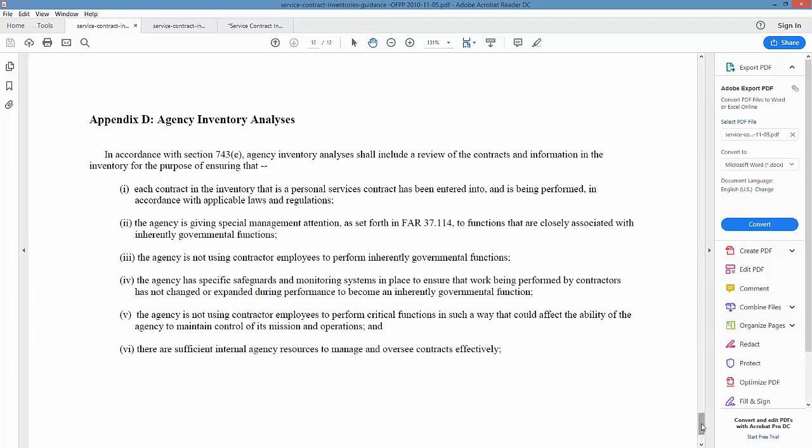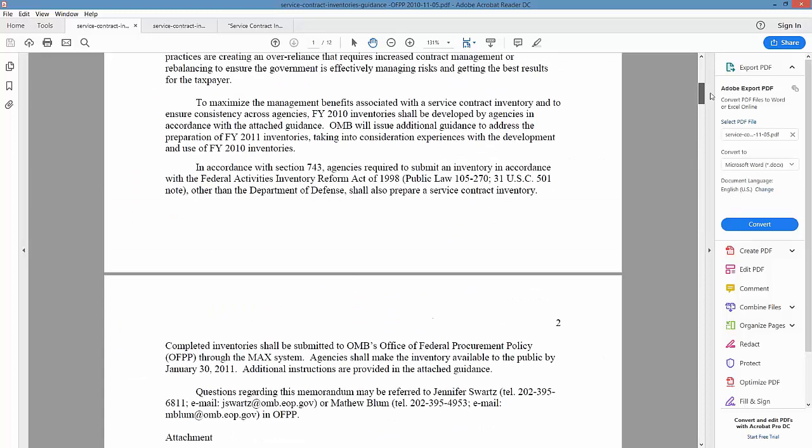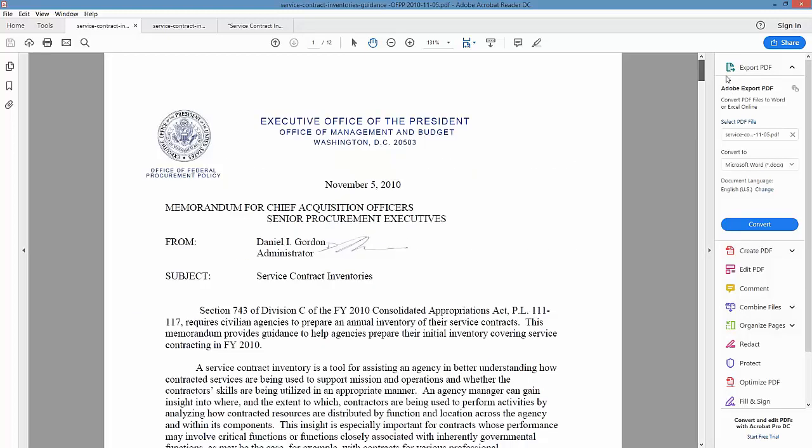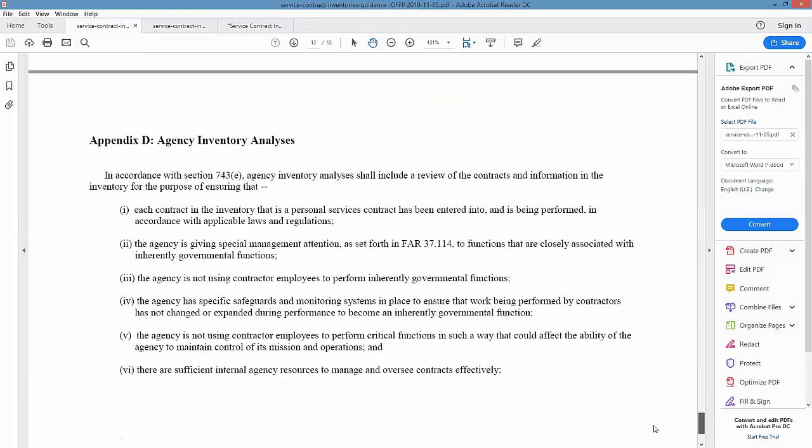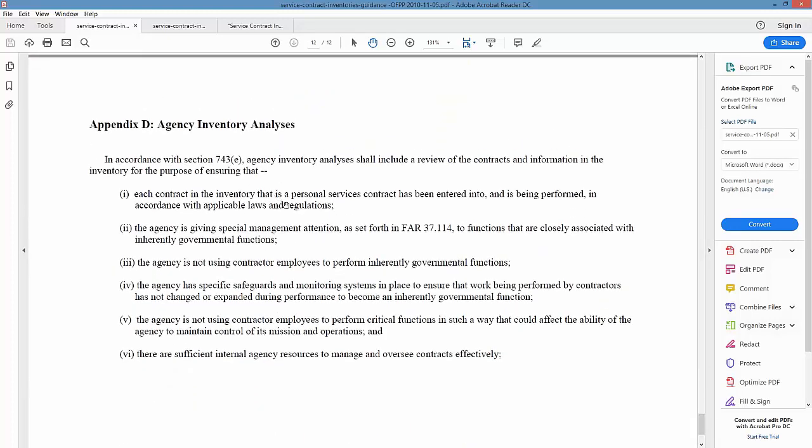This gives you the government rationale as to why we're going through all this effort, from Daniel Gordon, OFPP, explaining why this service contract inventory reporting is being implemented. Each contract in the inventory that is a personal service contract has been entered into and is being performed in accordance with applicable laws and regulations.